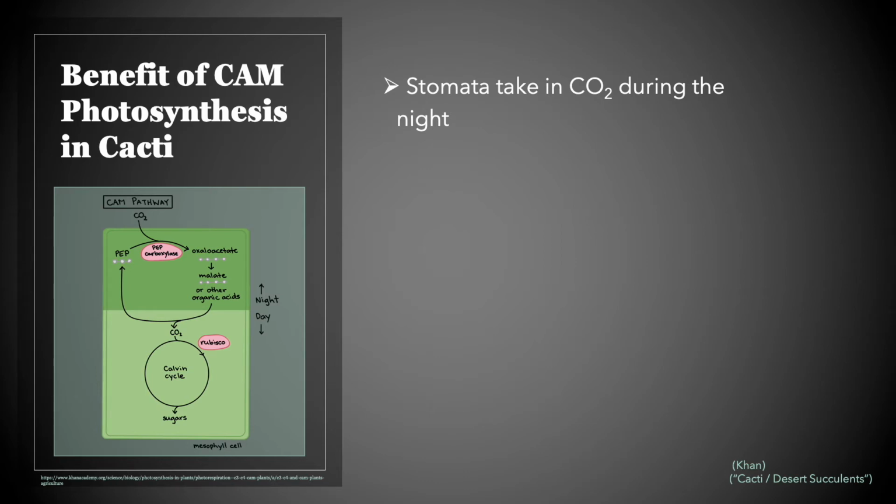Because cacti are adapted to live and grow in extremely hot and dry environments, cacti stomata only opening up during the night to take in carbon dioxide is beneficial because it reduces the loss or evaporation of water as the process occurs at night, which is a far cooler environment.